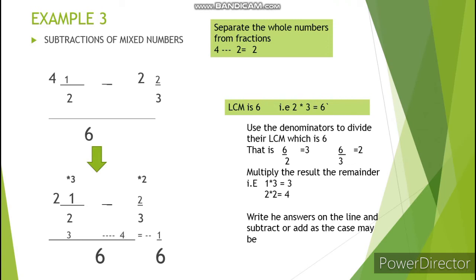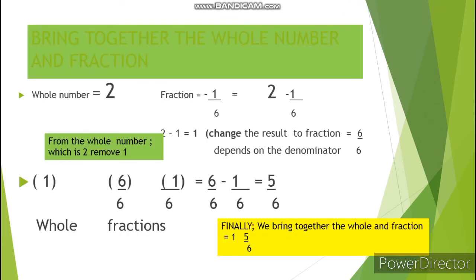Beautiful. Now let's bring together the whole number and the fraction. The whole number answer we got is 2. The fraction we have is minus 1 over 6. And so when I bring it together, it's 2 minus 1 over 6. This cannot basically be the answer. I'm going to take 1 from the whole number, which is 2.